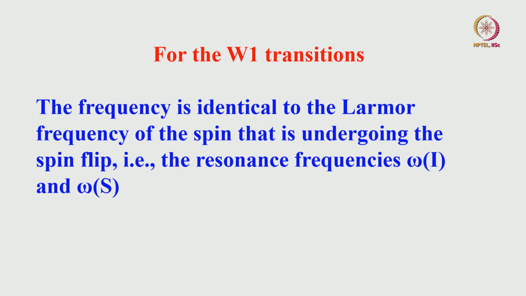Let us say I am recording the spectrum on a 400 megahertz spectrometer, then W1 is 400 megahertz. If both the spins are the same homonuclear spin, the Larmor frequency is around 400 only, both of them 400. That is the W1 transition probability. The frequency of W1 is nothing but the Larmor frequency.